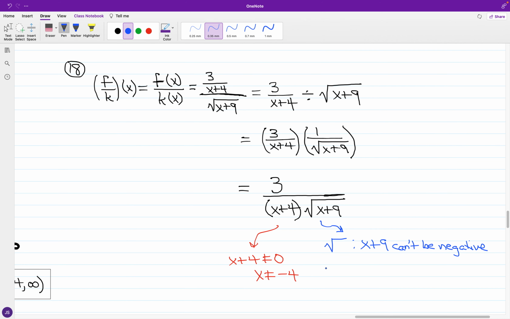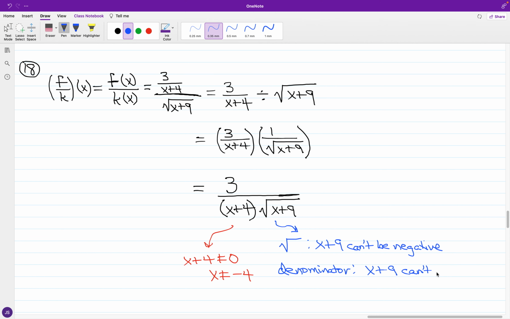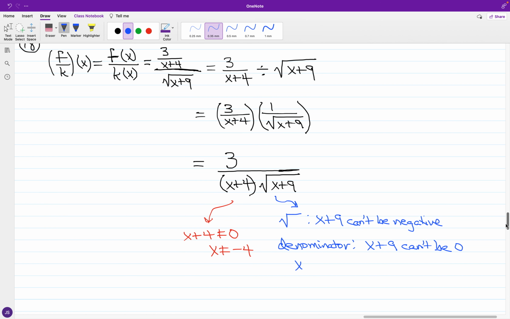And because x plus 9 is also in the denominator, x plus 9 cannot be 0. So again, anytime you have an even root radical in the denominator position, you want the expression inside the radical to be positive. So x plus 9 must be positive.